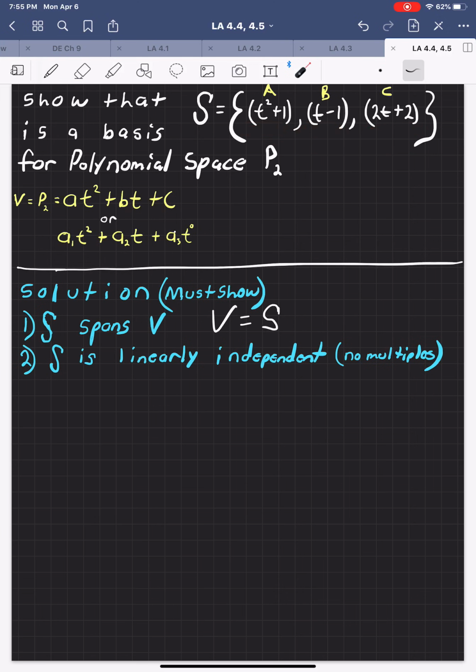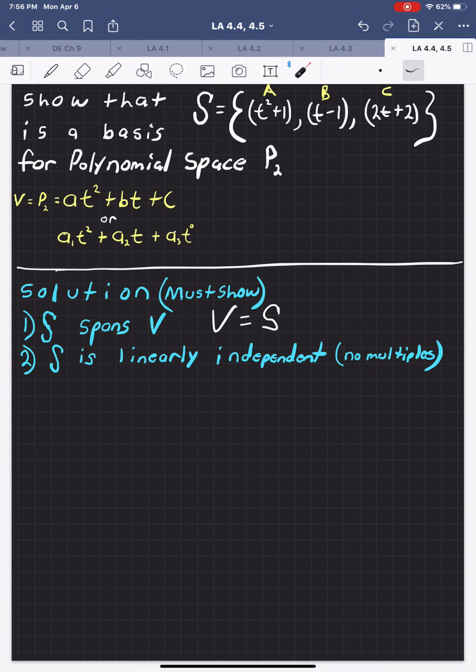Ready? Let's read. It says, show that S is a basis for the polynomial space of degree 2. Now, I just wrote on the previous page that the natural basis for a polynomial space looks like this: a t squared plus b times t plus c.